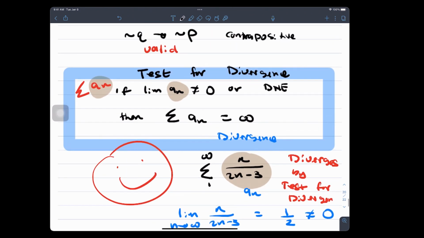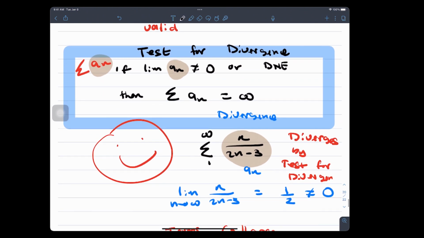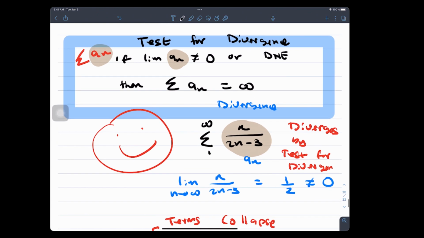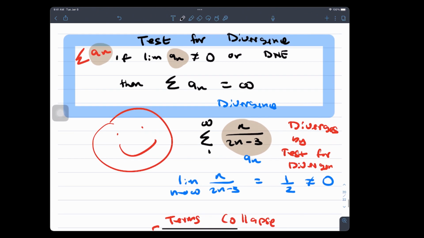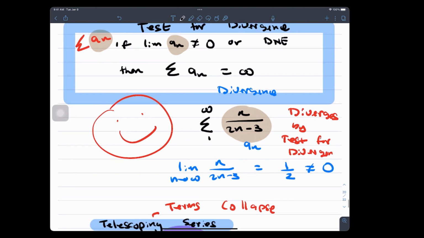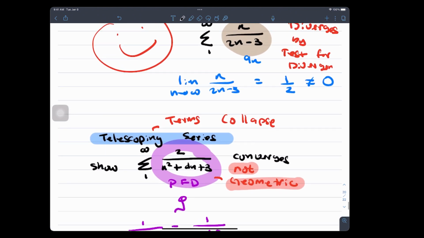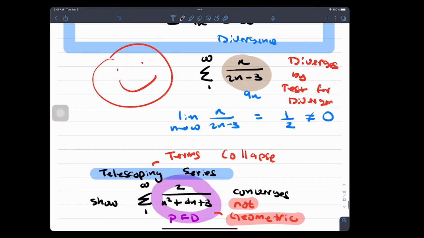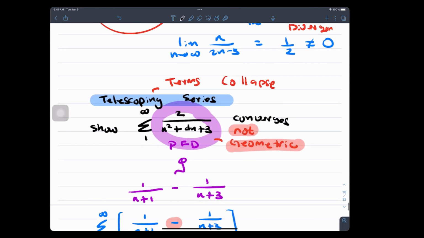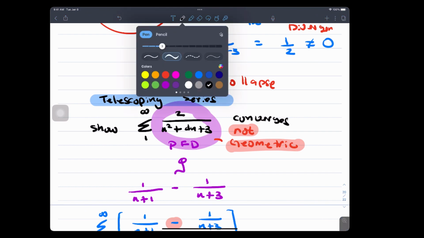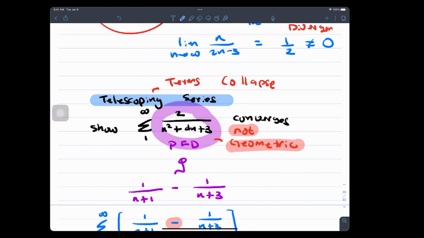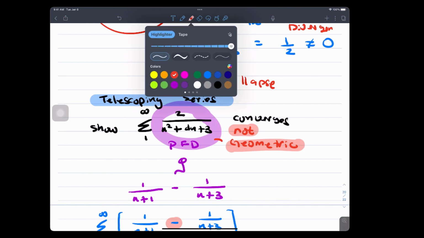We can't use that rule, the test for divergence, at all. Okay, because it doesn't diverge. This thing converges. So don't say, can I go back to the test for divergence? No. If you looked at the limit here, okay, just to kind of put everything together for you, they're wanting you to show that this thing, first of all, converges.